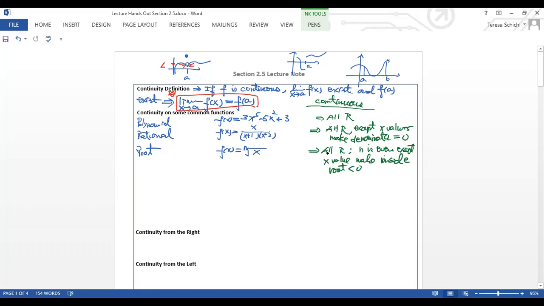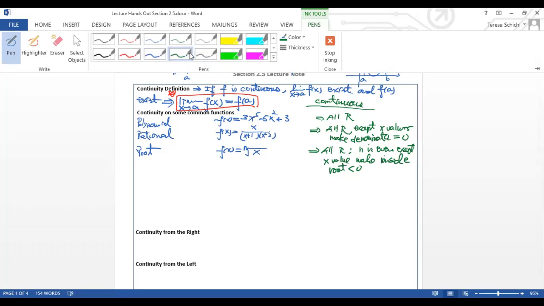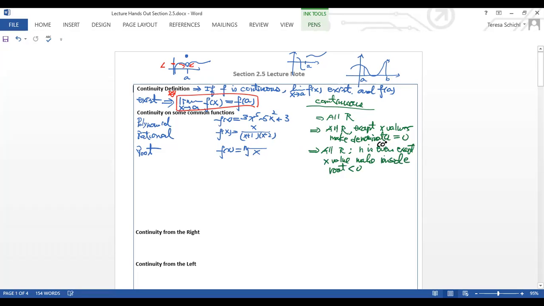How about if n is an odd number? Then if it's odd, all real numbers will work, right?